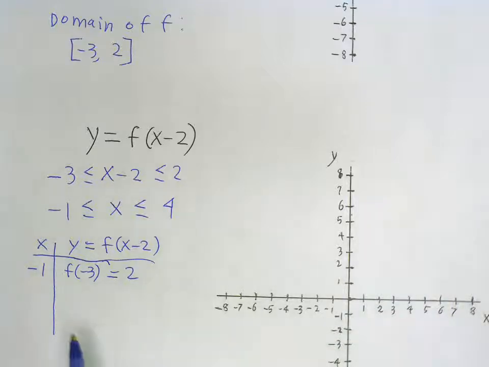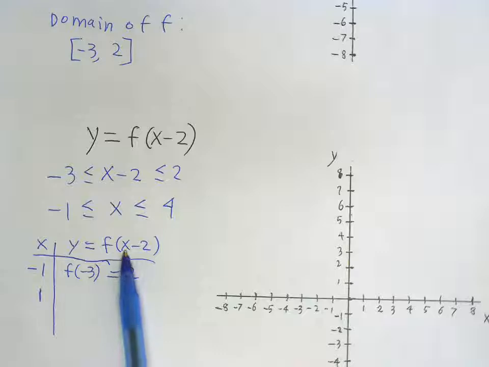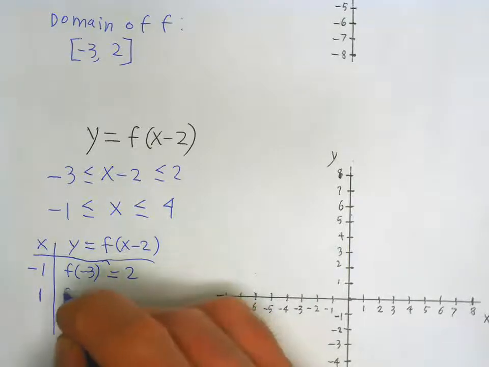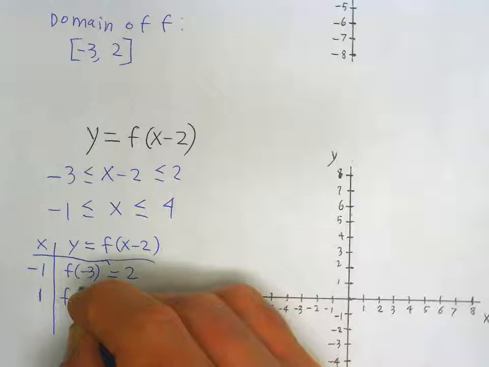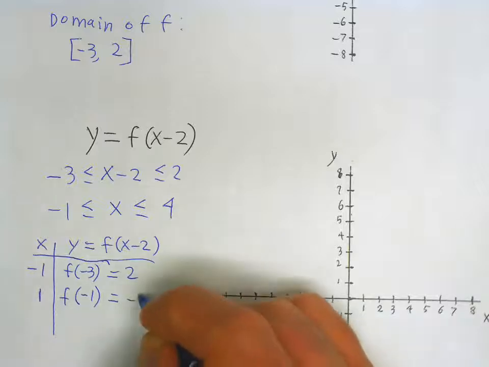Another point that we want, which is an endpoint to both line segments, is going to occur when x is 1, and then the y-coordinate is f of 1 minus 2. 1 minus 2 is negative 1, so f of negative 1, and we saw earlier that f of negative 1 equals negative 2.